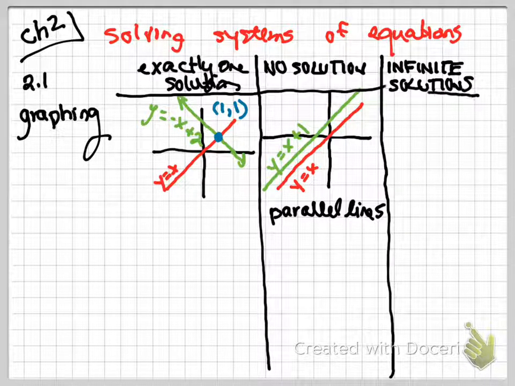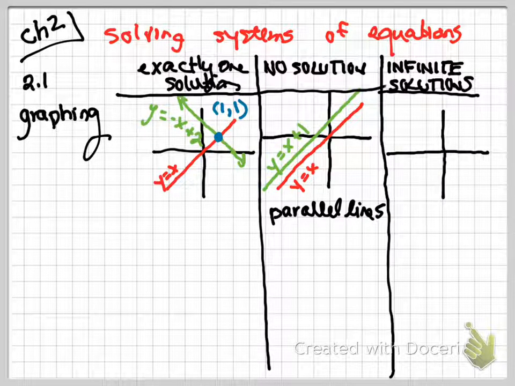What happens is that we're given what appear to be two different equations, but maybe they're just rearranged. They're not both expressed in slope-intercept form.